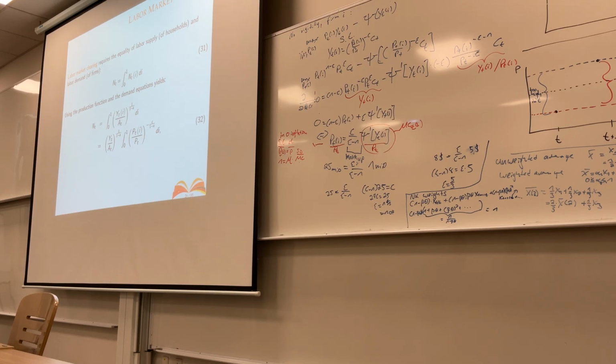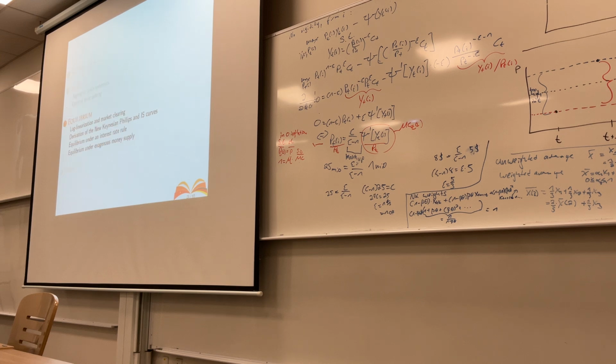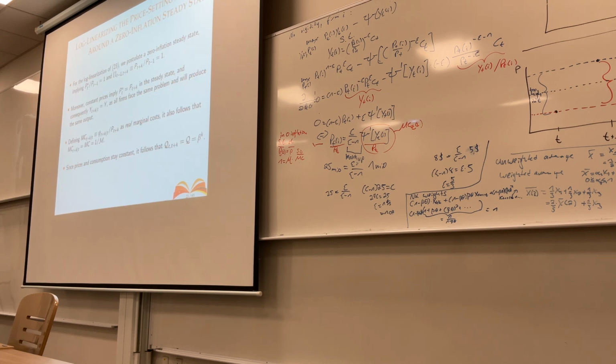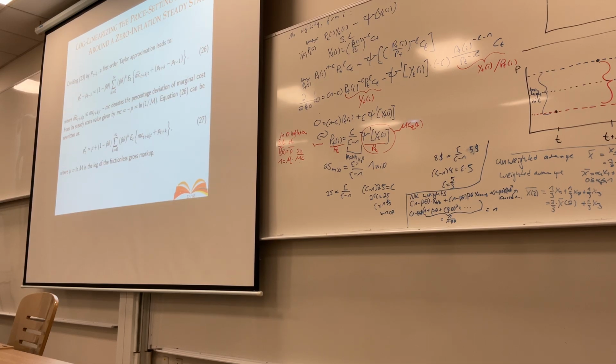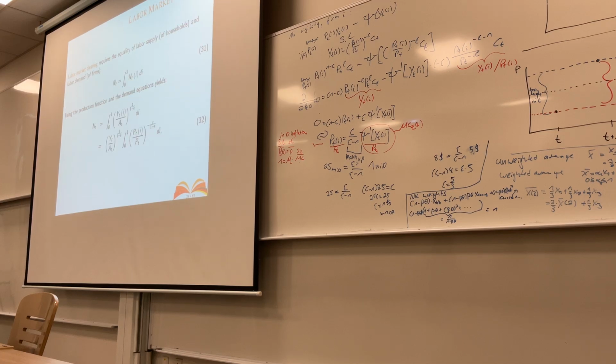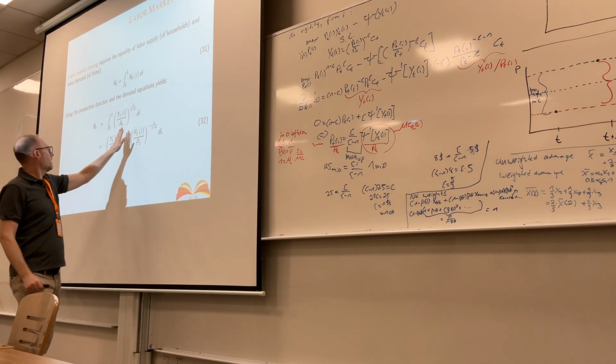What happens when we integrate over all the Y_t(i)'s? The Y_t(i)'s are related to Y_t, not directly, but remember our demand function. We have these different prices. And so we get an aggregate production function.